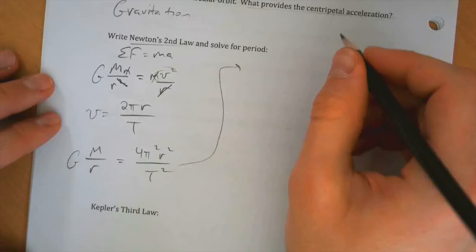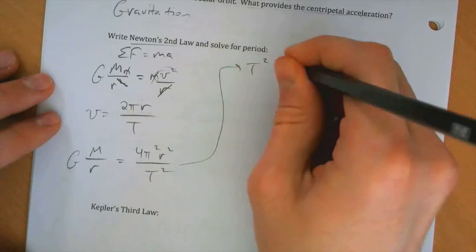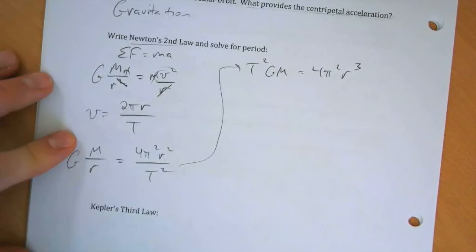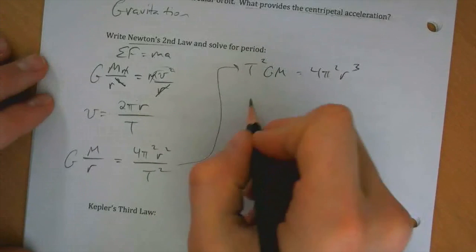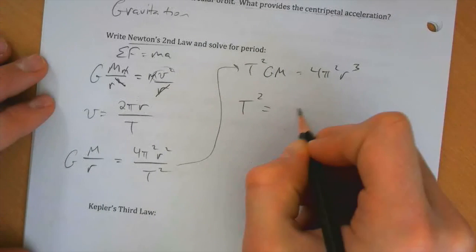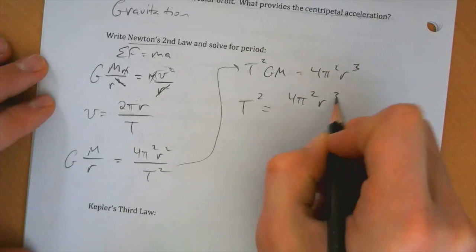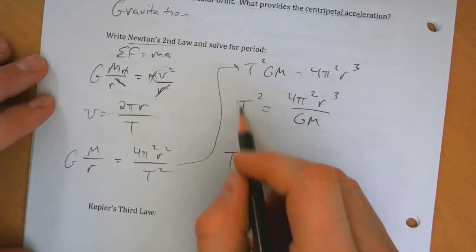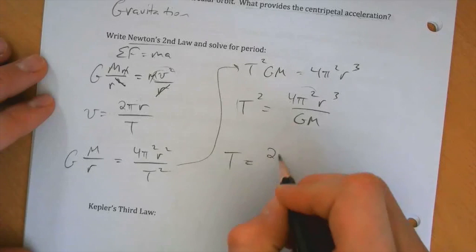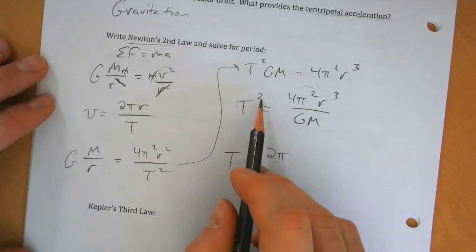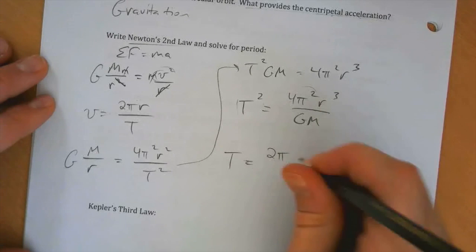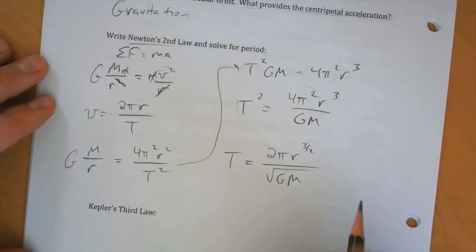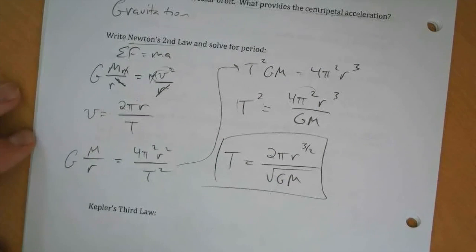If we cross multiply, we've got period squared times G times mass equals 4 pi squared r cubed. And then solving for period, we've got period squared equals 4 pi squared r cubed over GM, or period equals, taking the square root, 4 pi squared is 2 pi. Remember, square root is a 1/2 power, so r to the third to the 1/2 is r to the 3/2, over square root GM. That's an equation we can use.